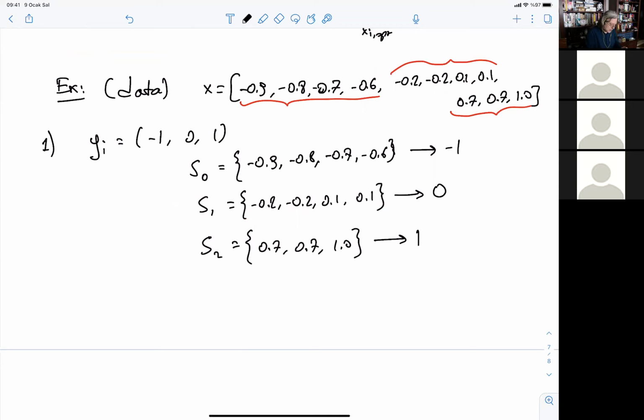But at this point, I didn't choose the boundaries. I didn't draw the boundaries, but I found the classes. We don't really need to draw the boundaries. The boundaries are clearly halfway between -1 and 0, and 0 and 1.